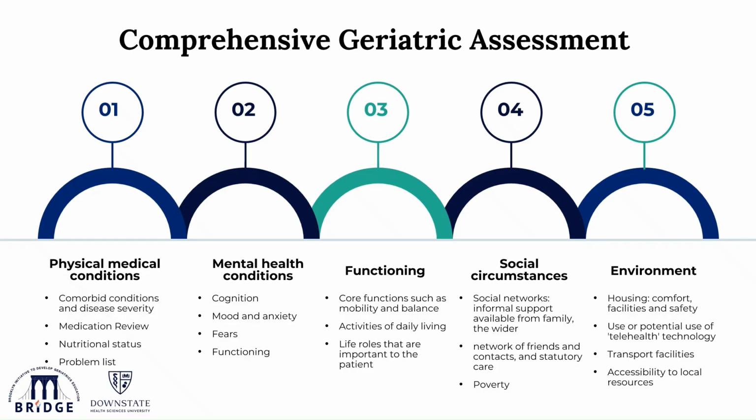This is why a comprehensive geriatric assessment would be best done as a team-based assessment. It has a lot of components, a lot of things to be covered, but it would definitely provide all the information of what would be prioritized and what can be highlighted to prevent further decline in a patient.